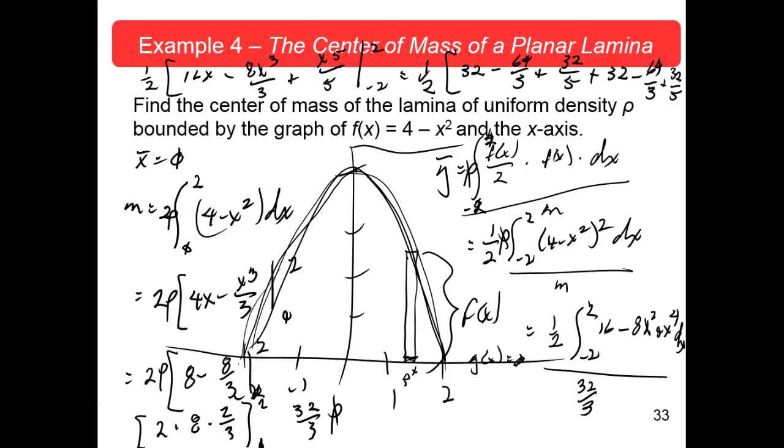Now, this is a weird way to do it, but 6/5 of 32, that's 5/5 plus 1/5 is 6/5 of 32, and then this would be a minus 128/3. Goodness gracious.